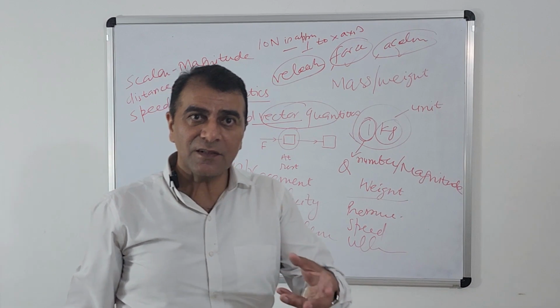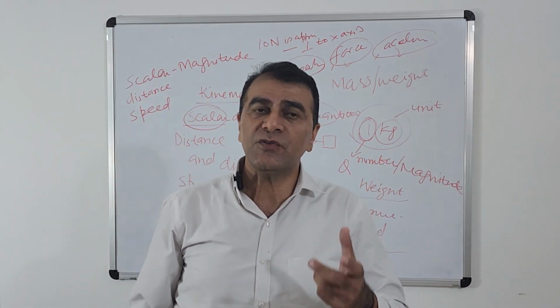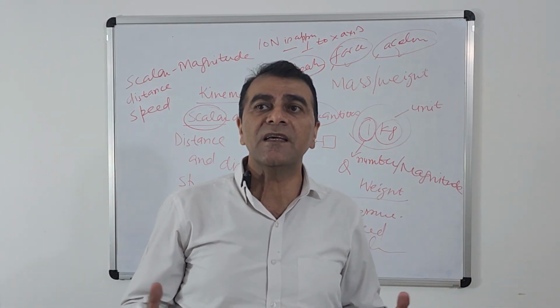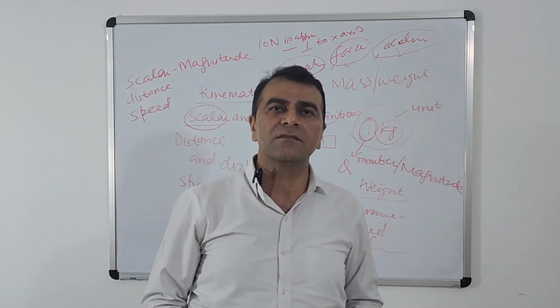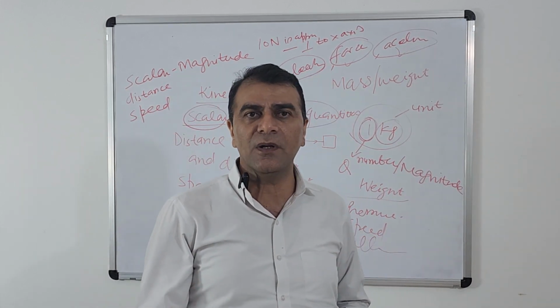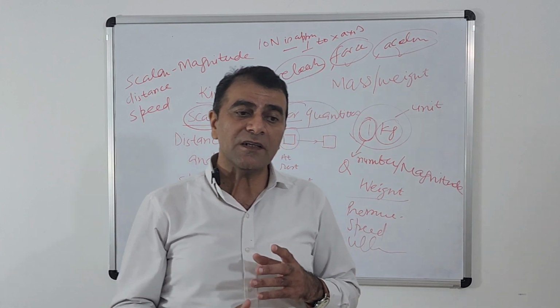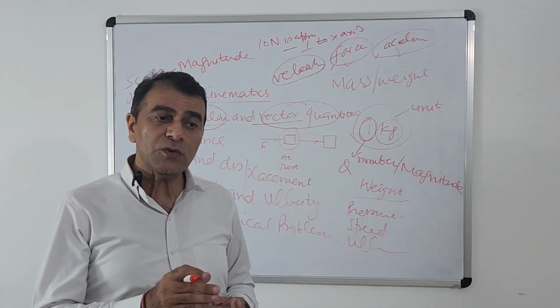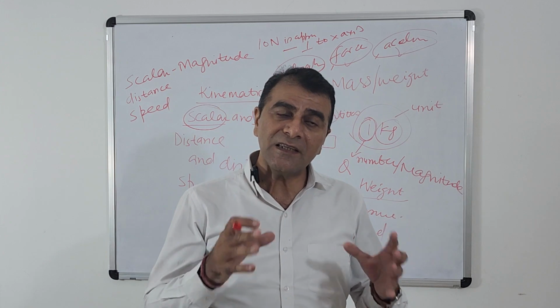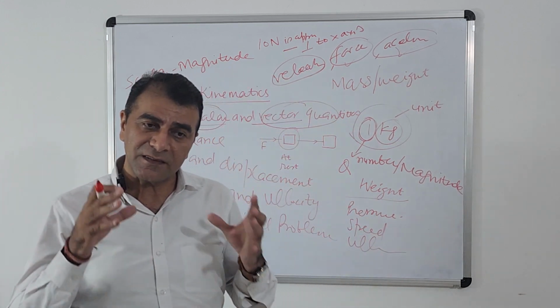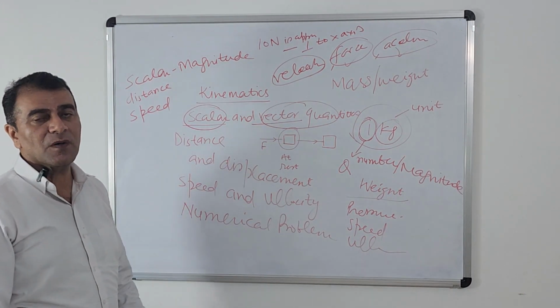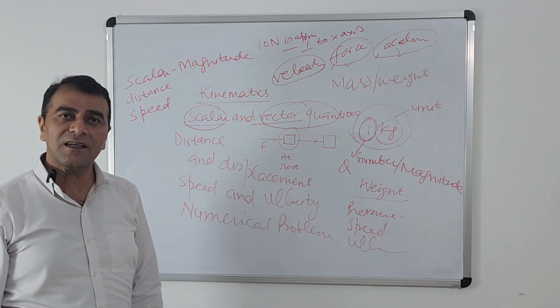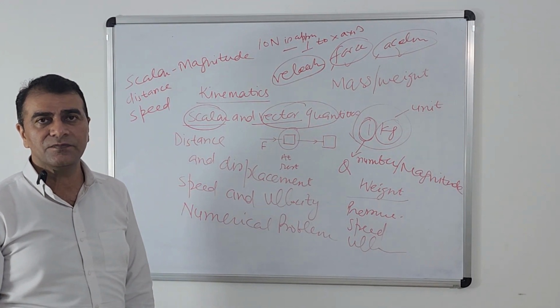So direction is required. Without direction you cannot say force is applied. If you say bluntly that a force of 10 Newton is applied, it's a wrong statement. You have to specify the direction. So those quantities which require magnitude as well as direction to completely characterize them are known as vector quantities. Is that clear? Very simple. Okay.